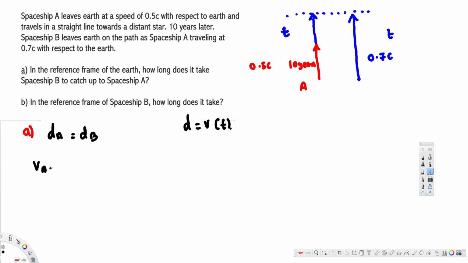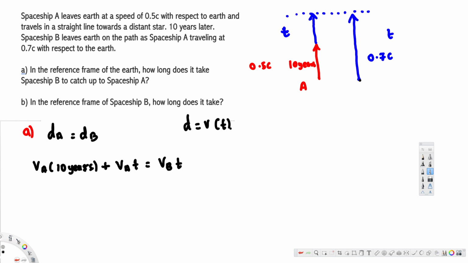So VA times 10 years, because it has already traveled 10 years, plus it's going to travel some additional time, because B starts after 10 years and it takes a little time to catch up. Let's call that time T. So VA times T is equivalent to VB times T.